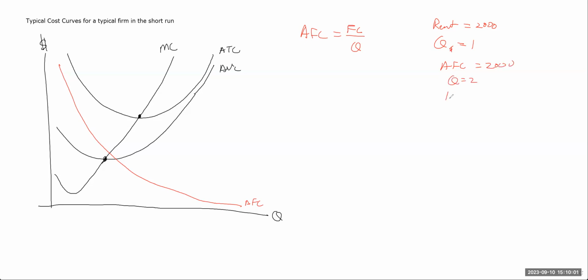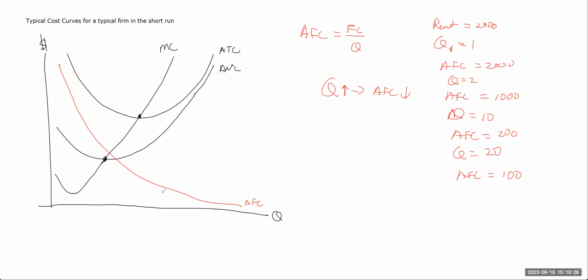Quantity is equal to 2, average fixed cost is equal to 1,000. If quantity is equal to 10, average fixed cost is equal to 200. If quantity is equal to 20, average fixed cost is equal to 100. You could see as quantity goes up, average fixed cost falls.